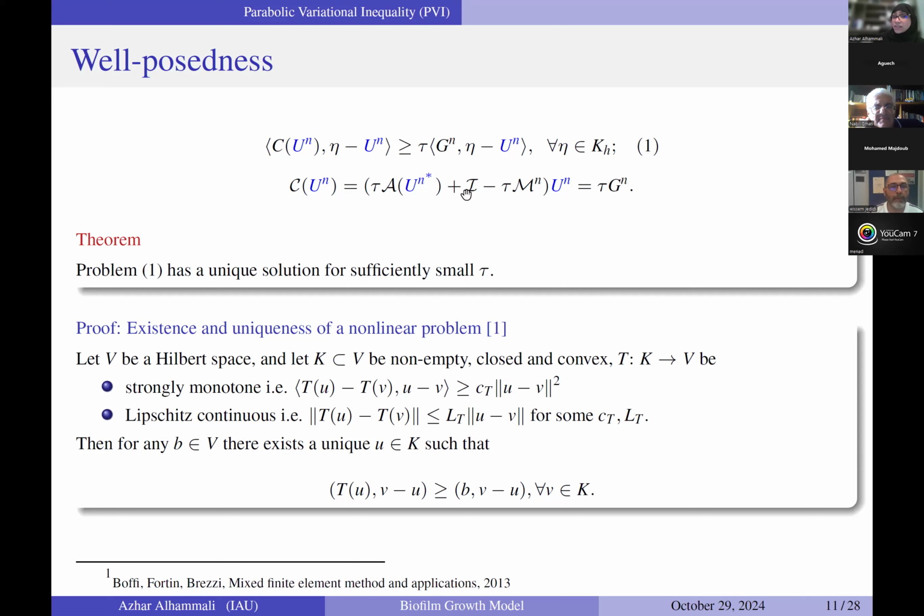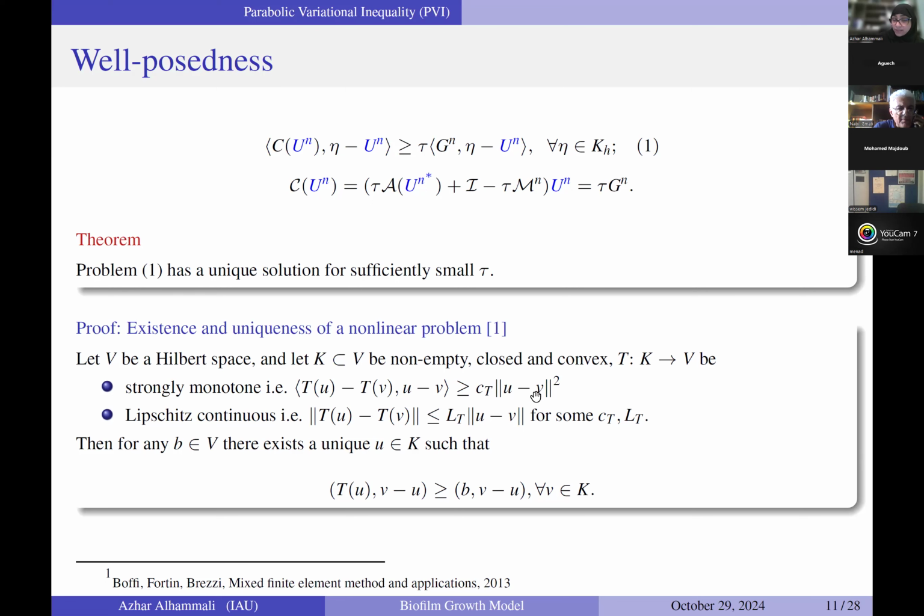This operator is defined like this. So it depends on the matrix form. A is the matrix corresponding to the diffusion term, M is the matrix corresponding to the Monod expression. So now to show the well-posedness, we need to show that this operator is strongly monotone.